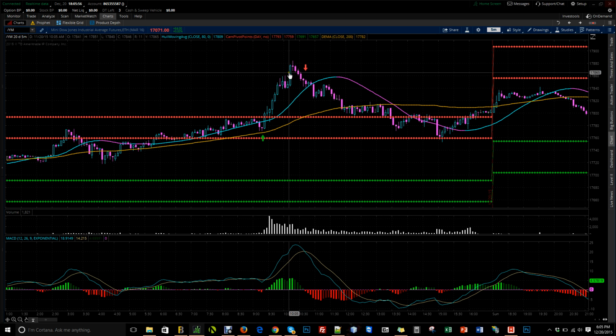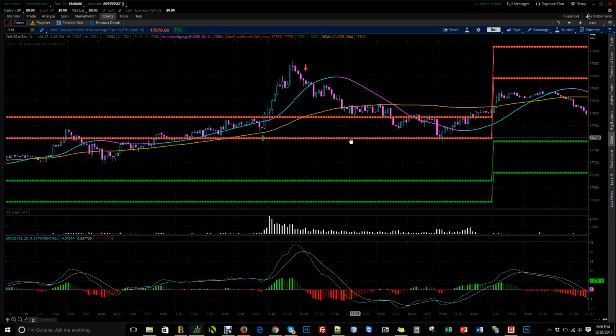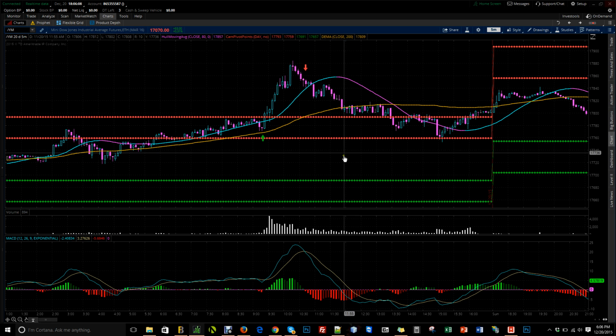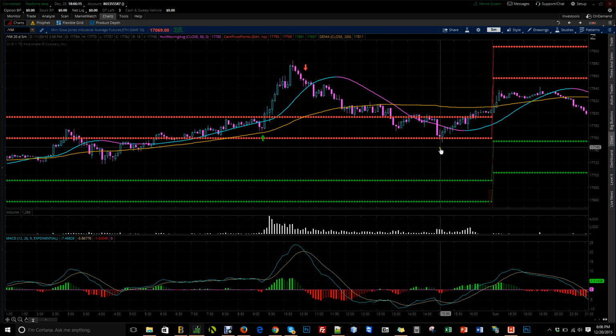And many times, if that happens earlier in the day on these indices, from what I've personally found, price will come back and re-enter those. Okay? It'll either re-enter into this main area here, or it will at least re-enter into here, which is exactly what it did.